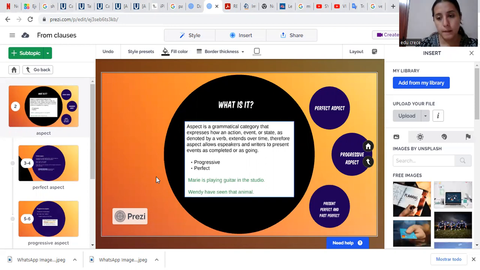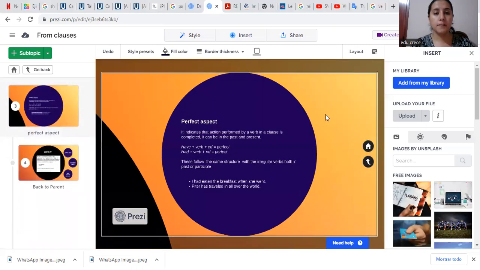Please, let's analyze them one by one. The first is perfect aspect. Perfect aspect indicates that the action performed by a verb in a clause is completed. It can be in the past and present.